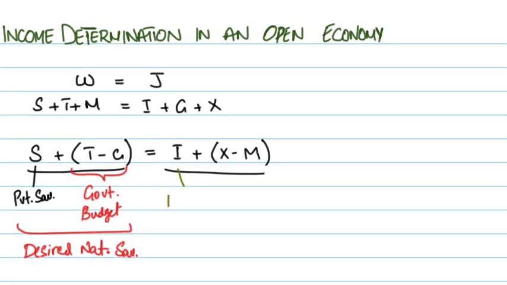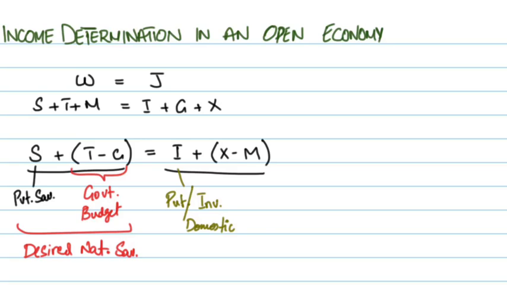On the other hand, I over here is private or domestic investment. And X minus M is basically the accumulation of claims on foreigners, the net acquisition of foreign assets or overseas investments, right?